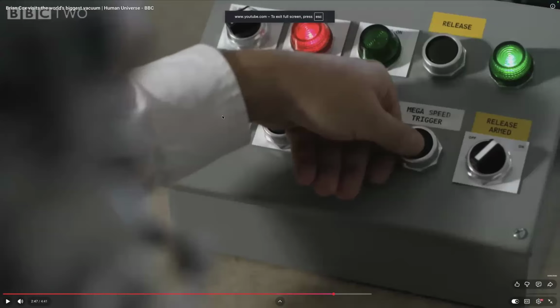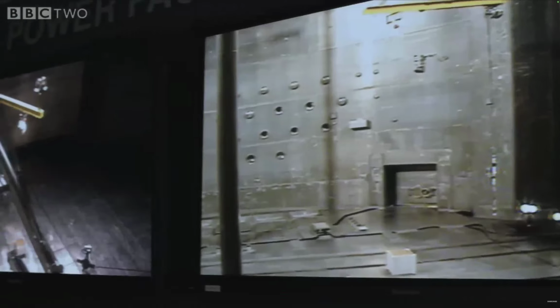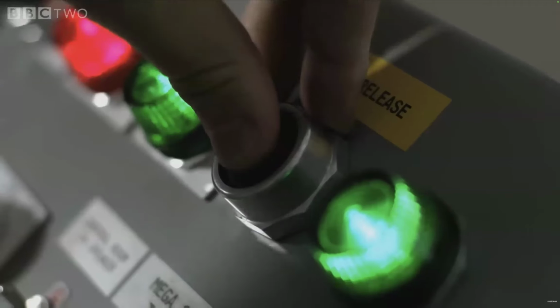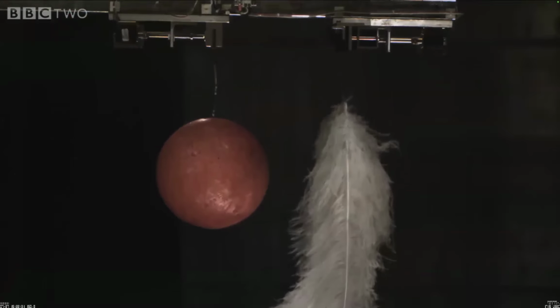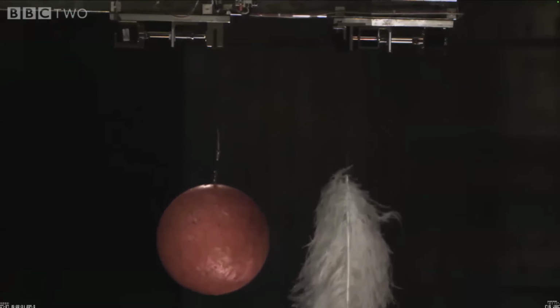And what they did is they set up feathers and a bowling ball and set it up to release them both at the same time, and then filmed it in slow motion. As I said, in slow motion. What you can see is both of them fall at the exact same rate.